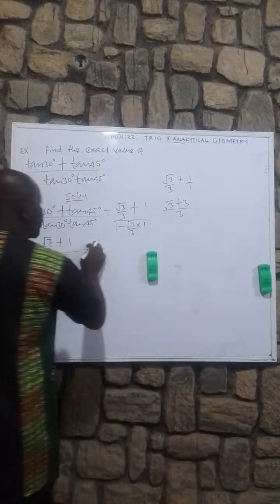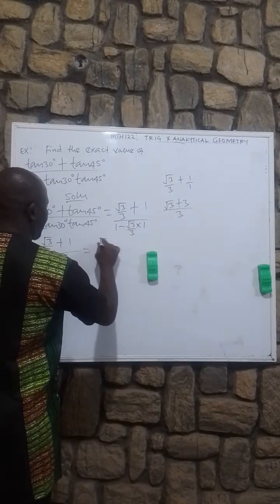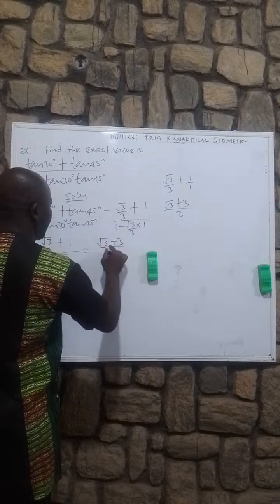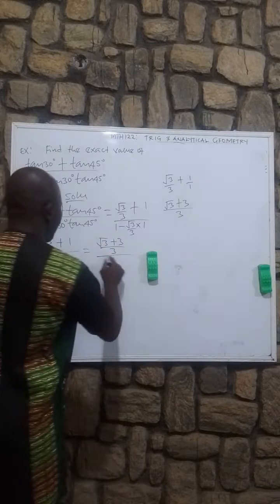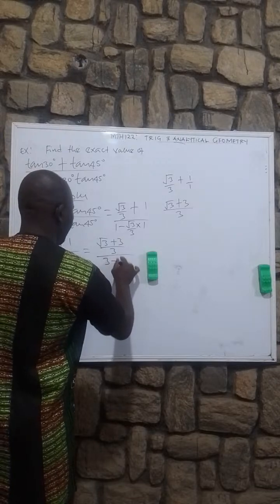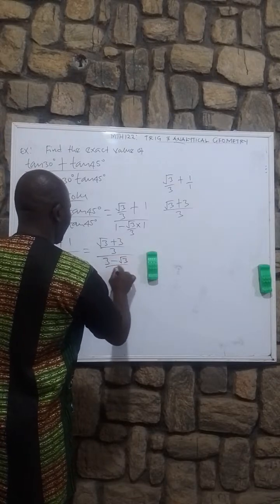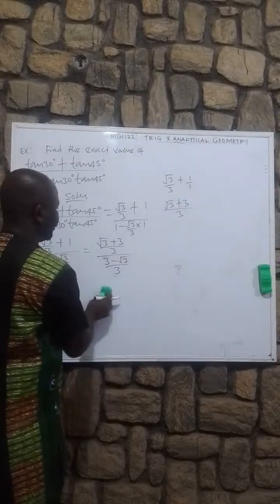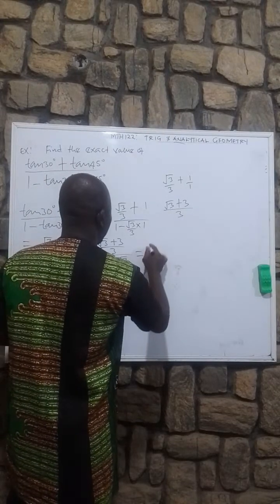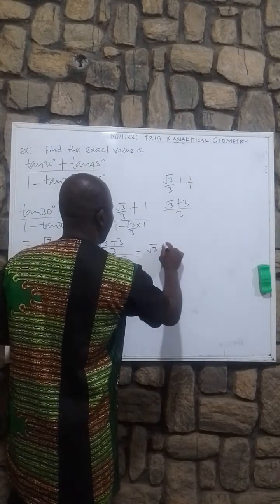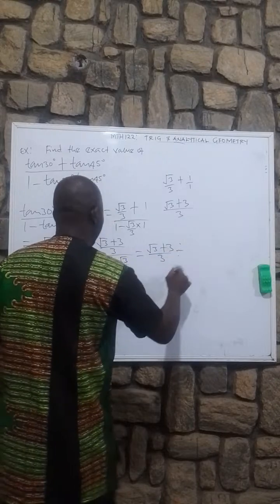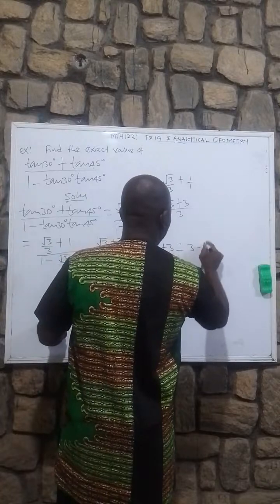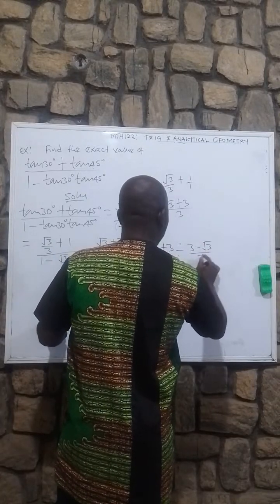So the numerator will now be root 3 plus 3 all over 3, and the same here: 3 minus root 3 all over 3. Then this is the same thing as root 3 plus 3 all over 3 divided by 3 minus root 3 all over 3.